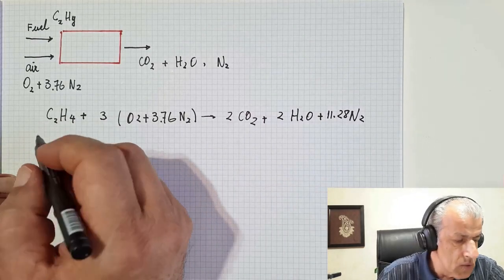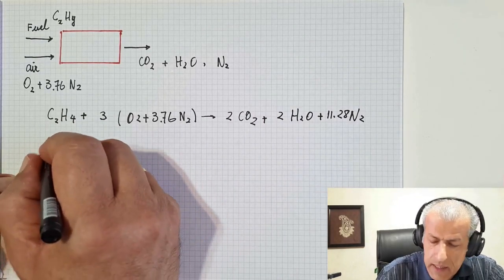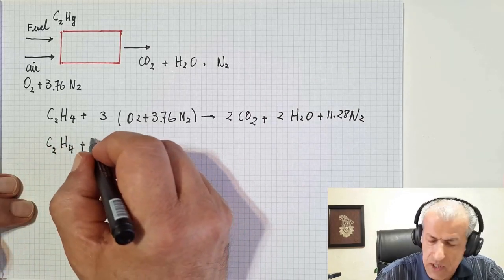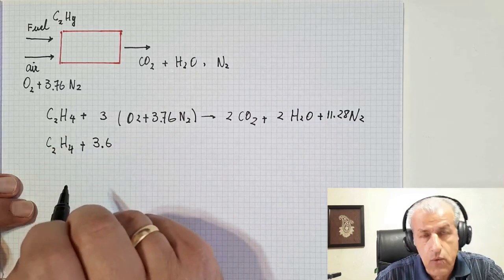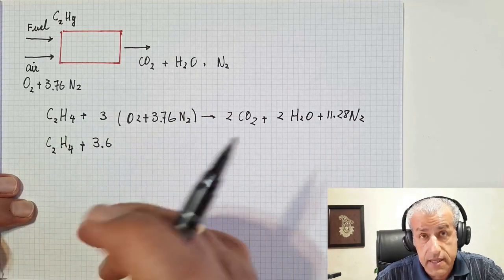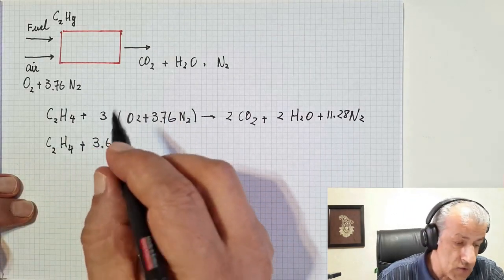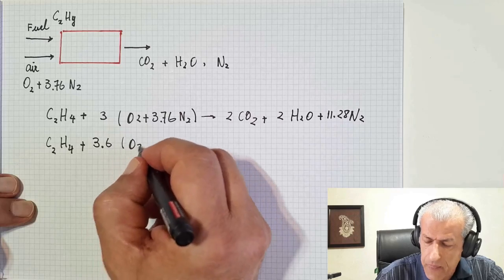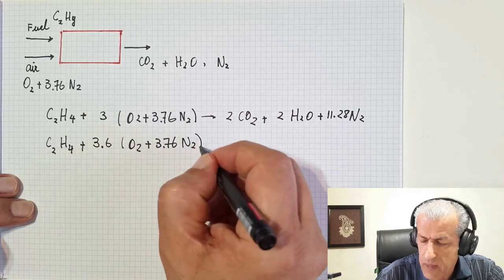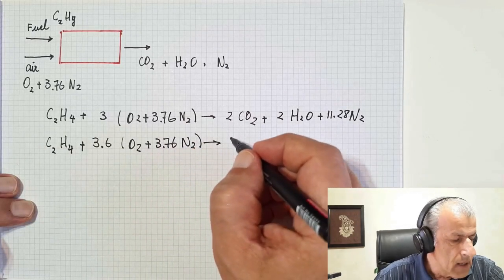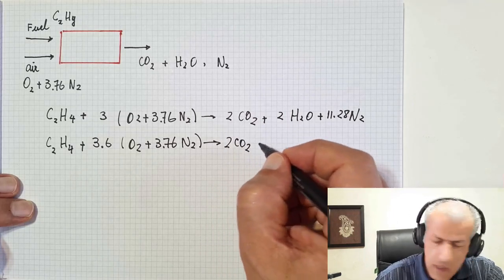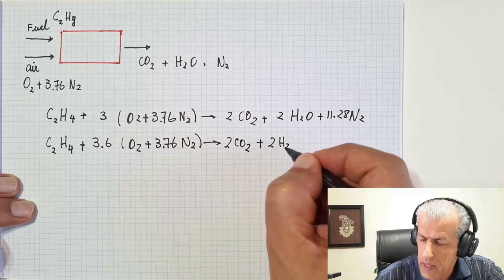Now, the problem tells us that there is 20% excess air. So what we do is write it down as C2H4 plus 3.6, which is 20 percent excess air or 120% theoretical air, as it's usually called, times O2 plus 3.76 N2, and that produces 2 CO2 plus 2 H2O.